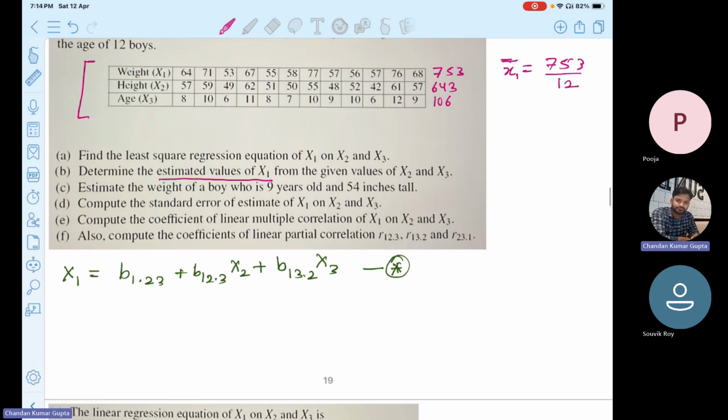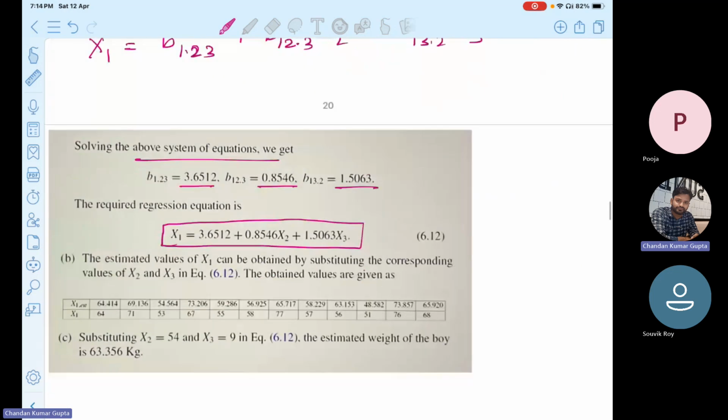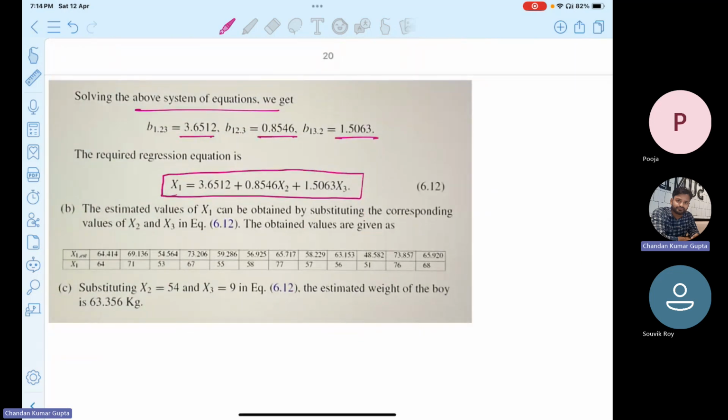We just need to solve this 12 times, putting the values of x2 and x3, and we find the estimated value, and this is the given or true value. So here you can see that for x1 equal to 64, the estimated value is 64.414. Or here, the actual value is 77, but the estimated value is 65.717.